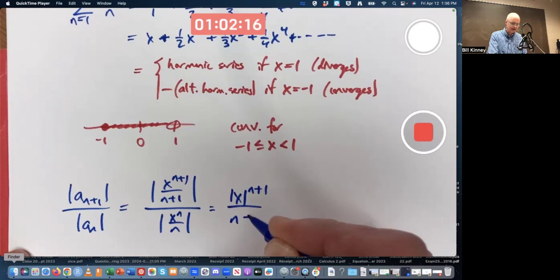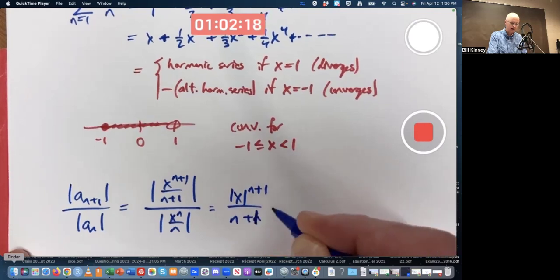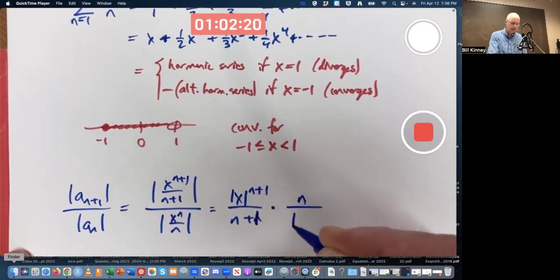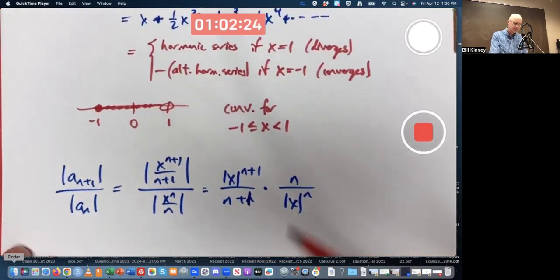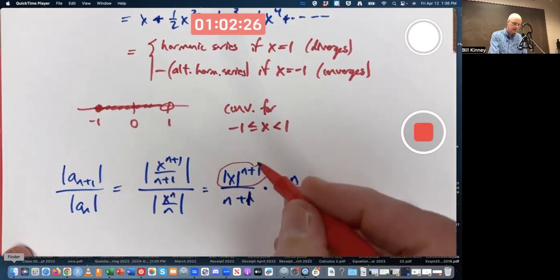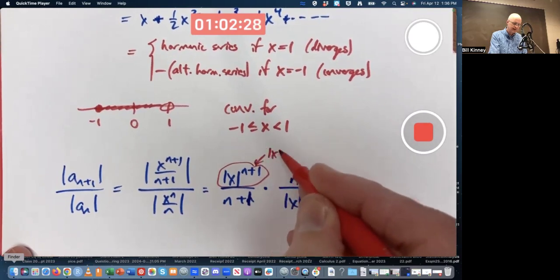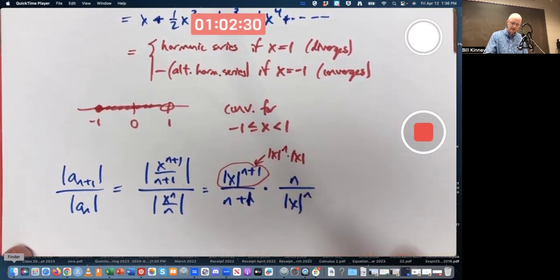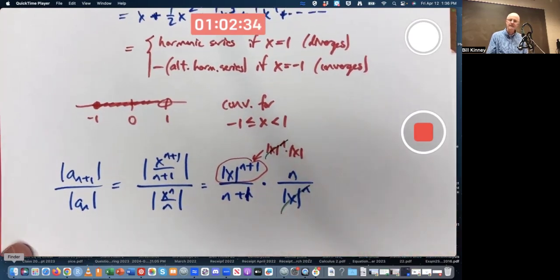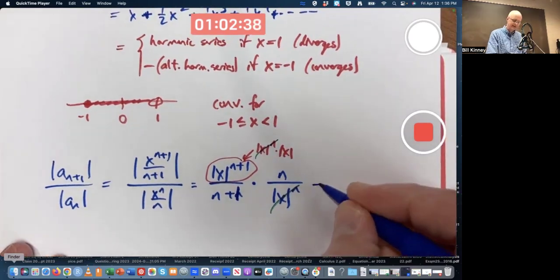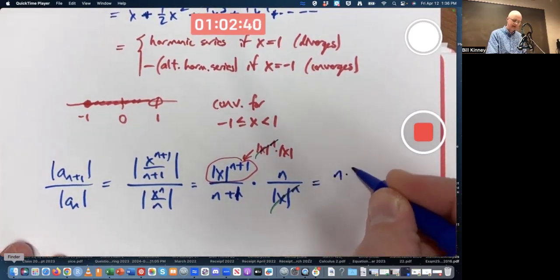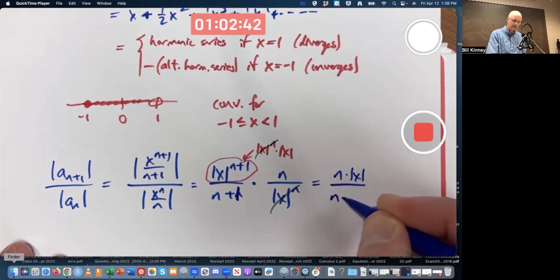With respect to the n's, we can, but not with the x's. However, it's not a big deal. That thing right there is the absolute value of x to the n times the absolute value of x. We get cancellation of the absolute value of x to the n. And this simplifies to n times the absolute value of x over n plus 1.